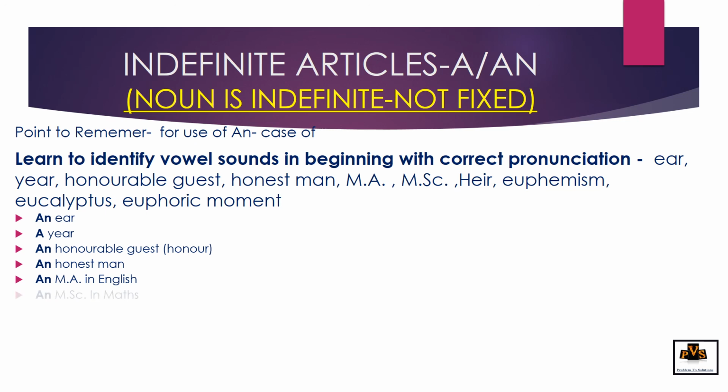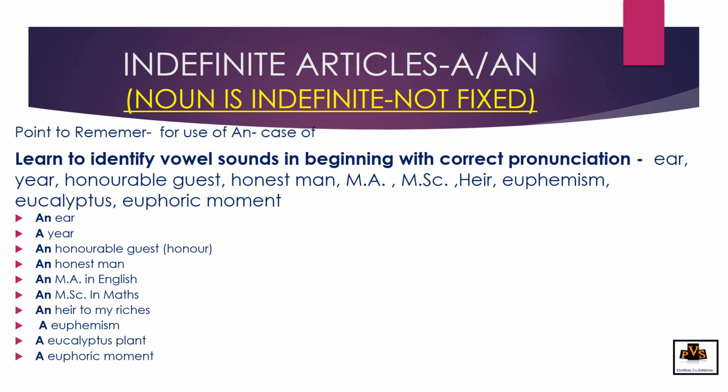So it is an MA in English, and in the same way it is an MSc in maths. H is silent here. An heir to my riches, so it is an heir. Euphemism. The first sound is not a vowel sound, it is here a consonant sound, so we say a euphemism. A eucalyptus plant. In the same way, we say a euphoric moment.